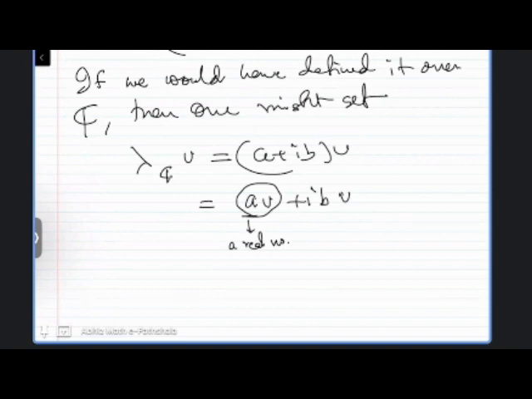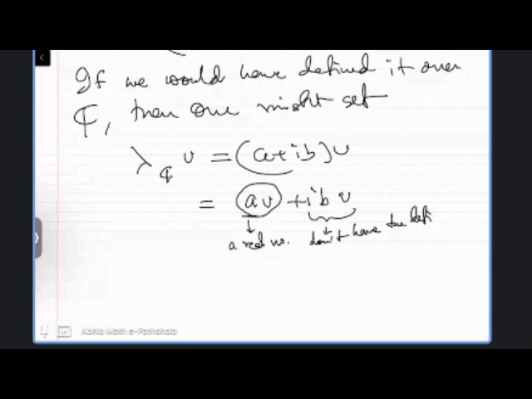But you don't have the definition of ibv. So multiplying by i has no meaning right now, but we would like to have it.